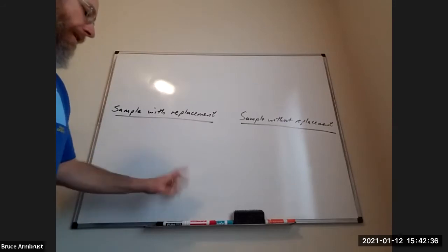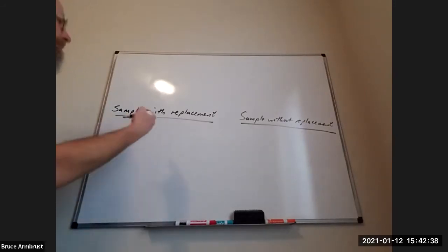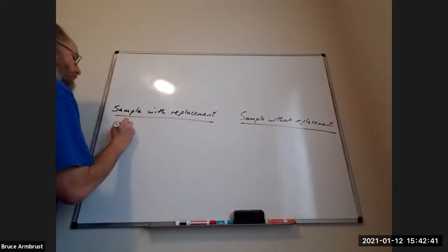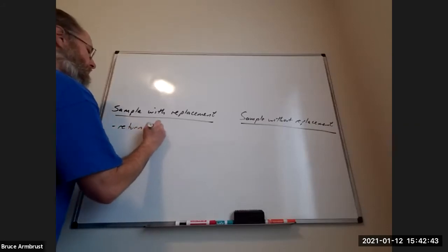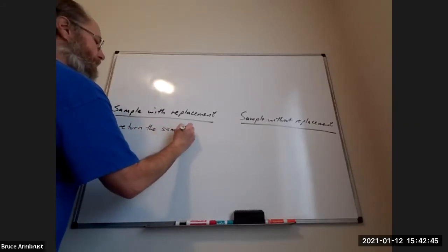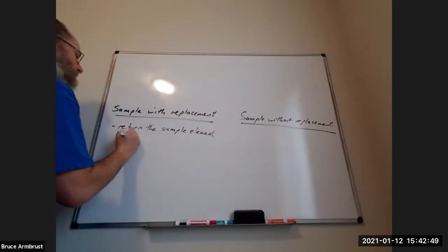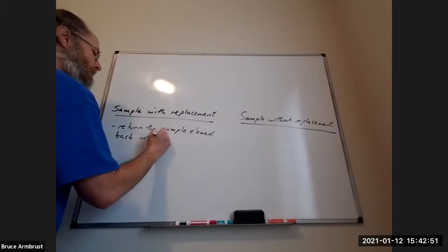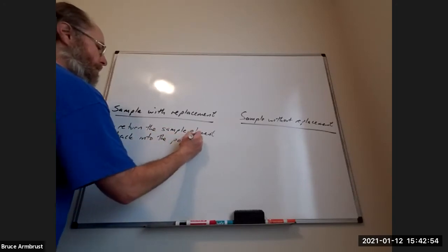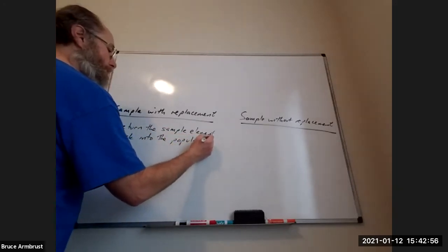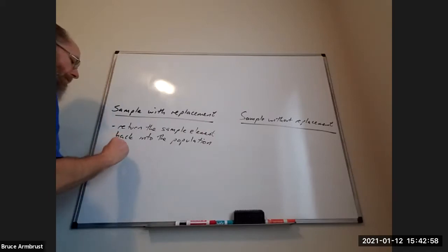Let me write down what's going on with those. Sample with replacement: you return the sample element back into the population before sampling again.